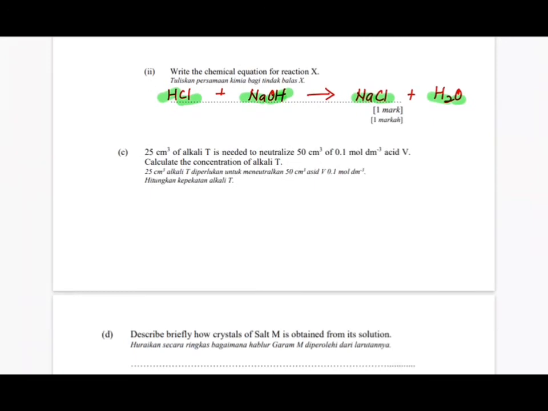Okay, 25 cm³ of alkali T is needed to neutralize 50 cm³ of acid V. Calculate the concentration. Okay, we need our chemical equation. For alkali T, the volume is 25 cm³ and the concentration, the molarity, we don't know.